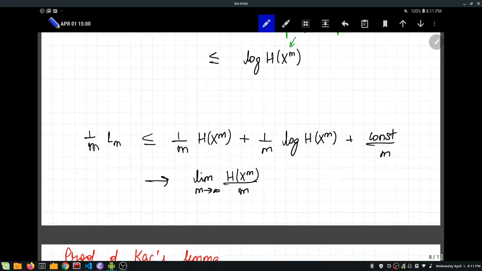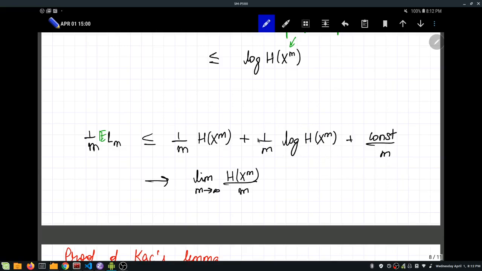Therefore, 1 over m times the expectation of L_m is less than or equal to 1 over m times the entropy of x_m plus 1 over m times log of the entropy of x_m plus some constant. But as m goes to infinity, this first quantity tends to the entropy rate, which means that h of x_m over m tends to the entropy rate.